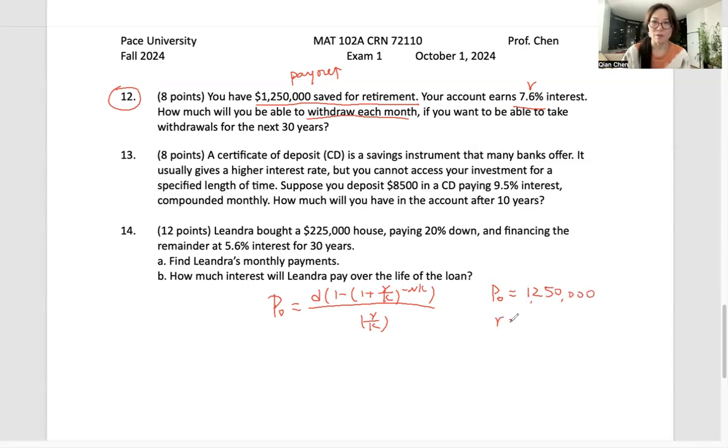R is given: 0.076, which is 7.6%. Withdraw each month, so K is given, 12 months in a year. You want it for the next 30 years, so N is given, 30 years. We're looking for this withdrawal D. How much can we withdraw? Let's put it into the formula. So we have 1,25 followed by 4 zeros.